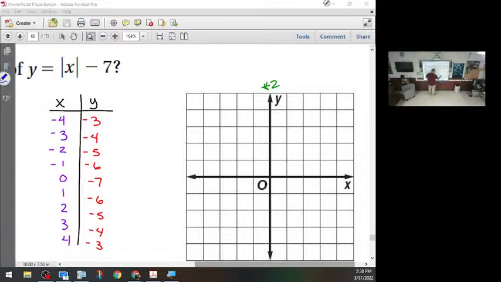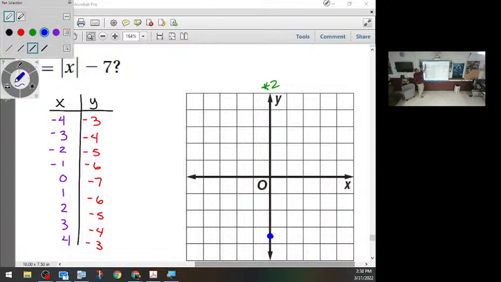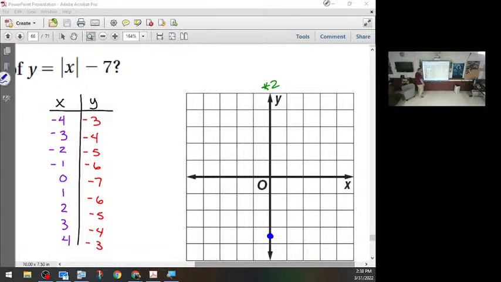If I go by twos, here's 1, 2, 3, 4, 5, 6, 7. If I plot all of my points now, this is at 1, negative 6, 2, negative 5, 3, negative 4, 4, negative 3.